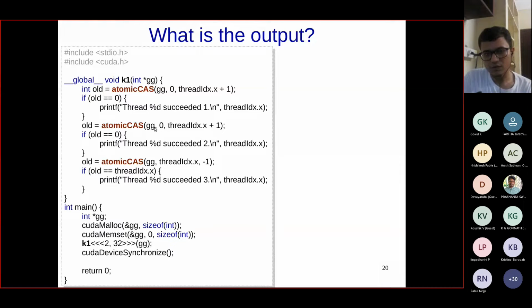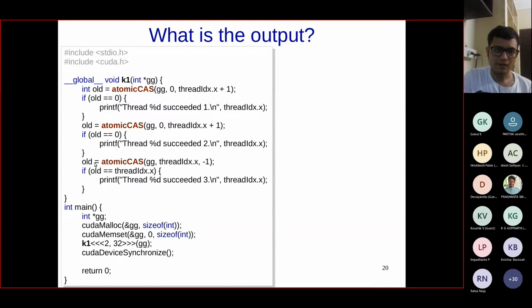This comparison will not succeed, and the value of GG won't be replaced by any of the 64 threads. Hence, this second printf won't be printed in any case.